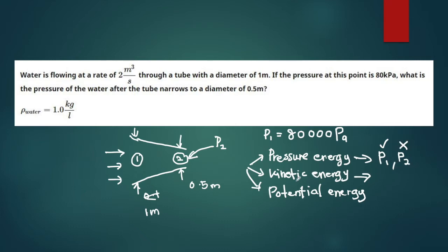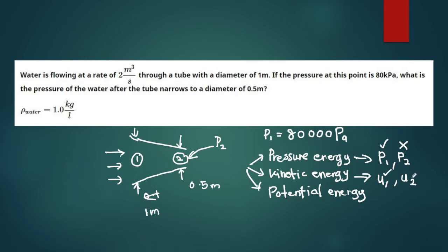Next we take a look at the kinetic energy. What info do we need in order to solve the kinetic energy? We have to have velocity at point 1 and velocity at point 2. In this question, the flow at point 1 is already given, 2 meter cubed per second. So velocity 1 is given.